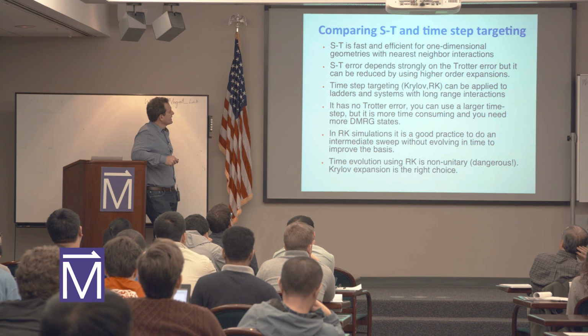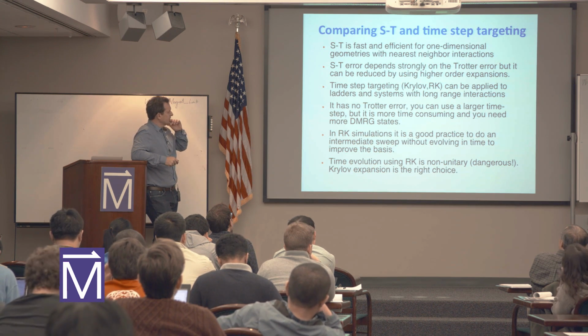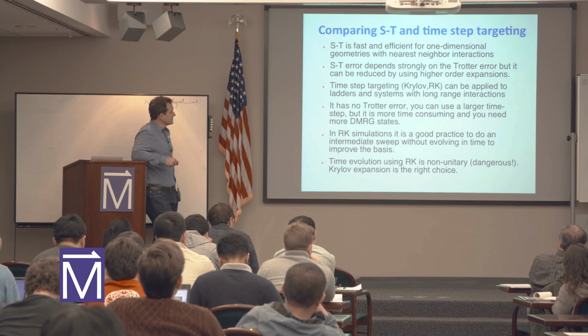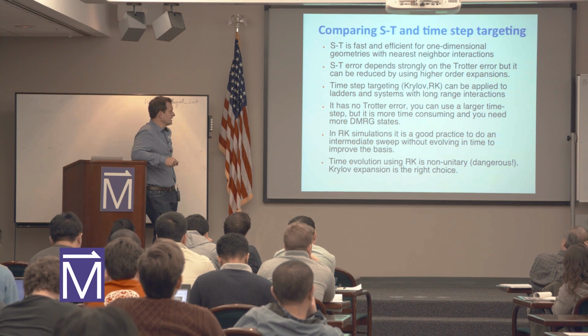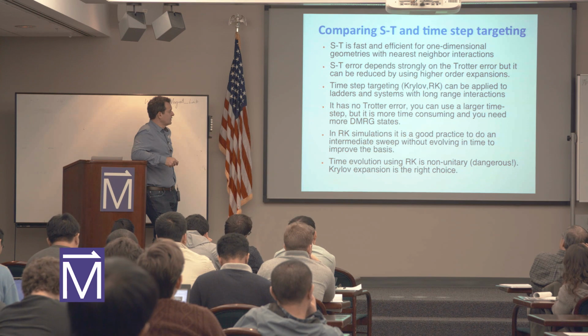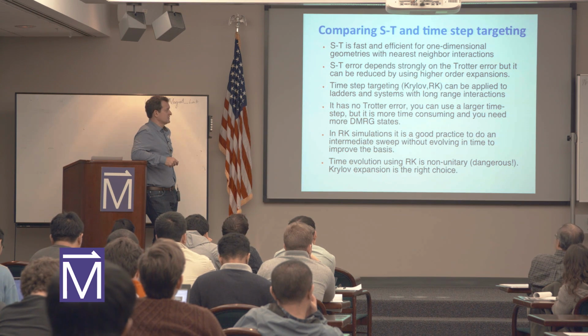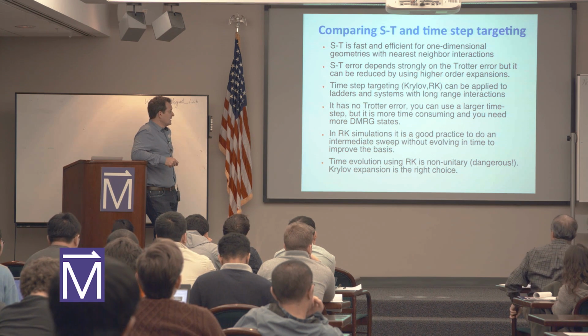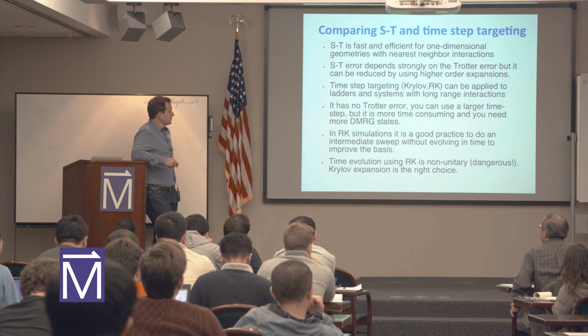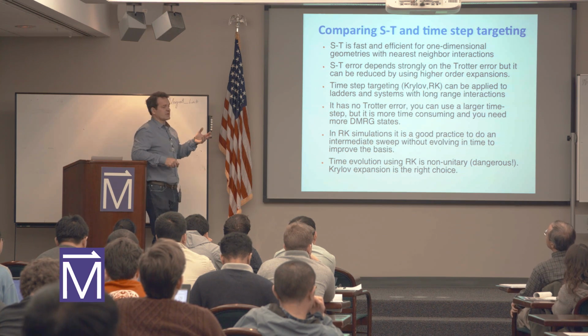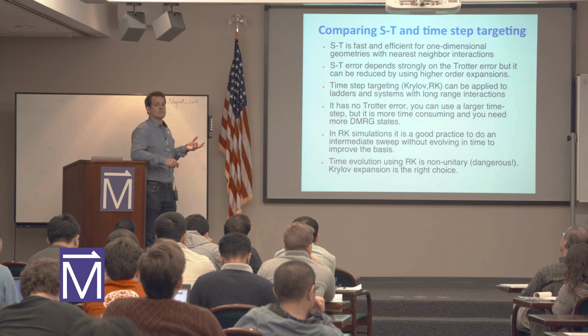Again, Suzuki-Trotter works very well for one-dimensional systems with local interactions, but you need to use Runge-Kutta to evolve in time if you have long-range interactions or in 2 dimensions. And you have to be careful also, if you do time evolution with Runge-Kutta, Runge-Kutta is not unitary. It's not unitary evolution.